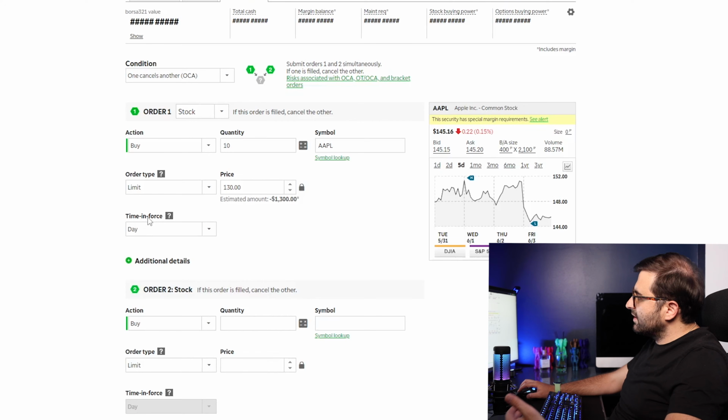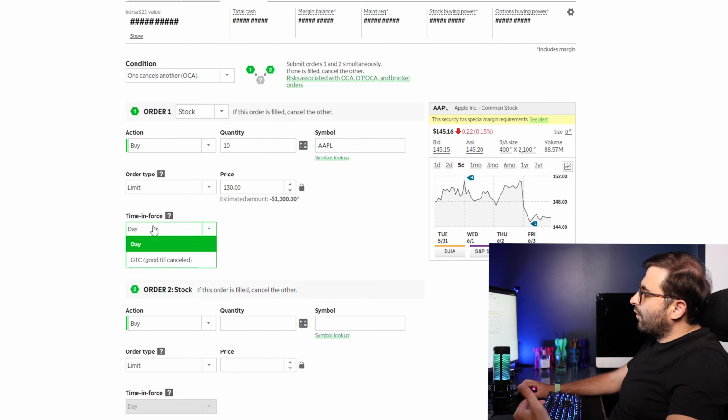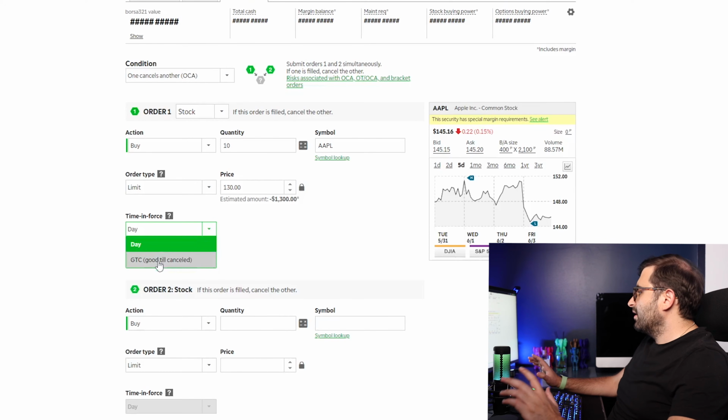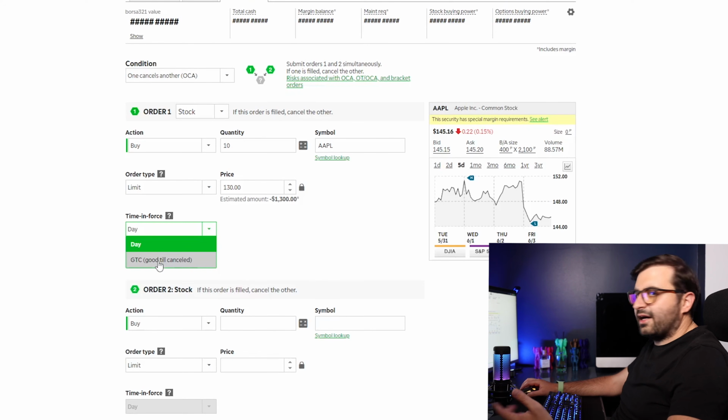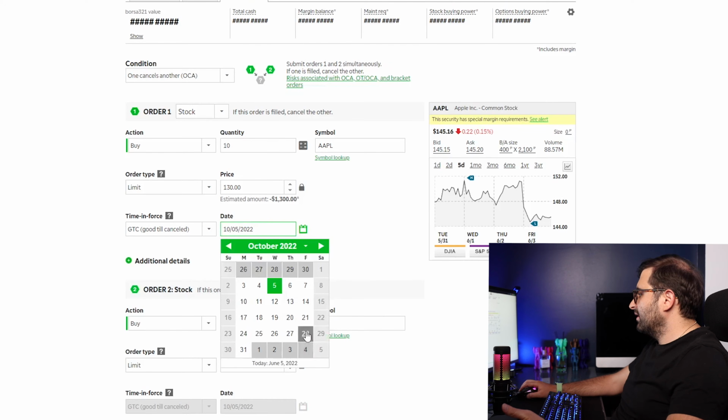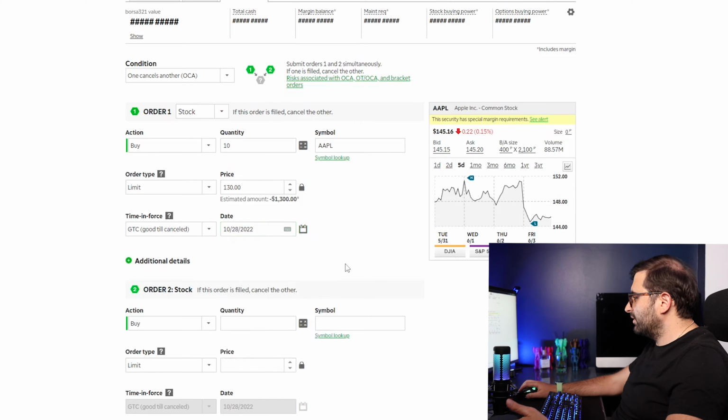And time in force is if your order going to cancel at the same day if it doesn't fill, or good till cancel, which means that it is okay for me until I cancel this order. So it's like unlimited order. So if you want, you can put a time limit, and let's say I would like to go with end of the October.